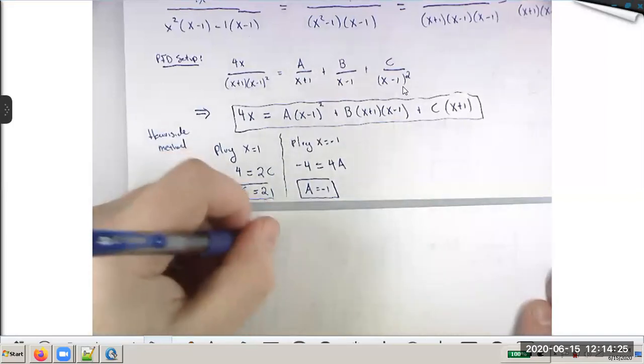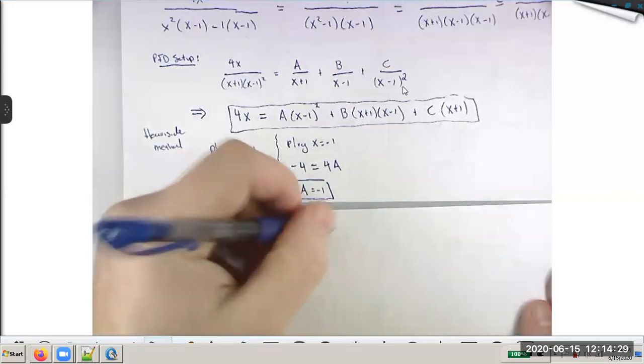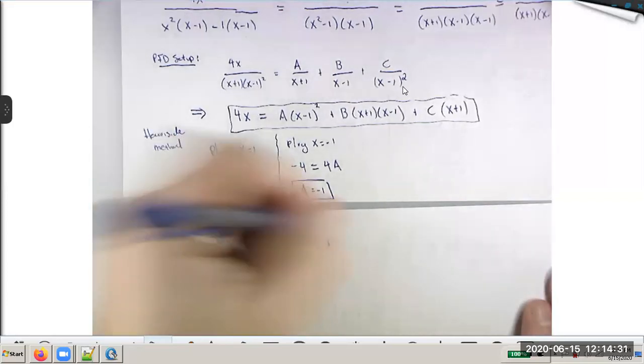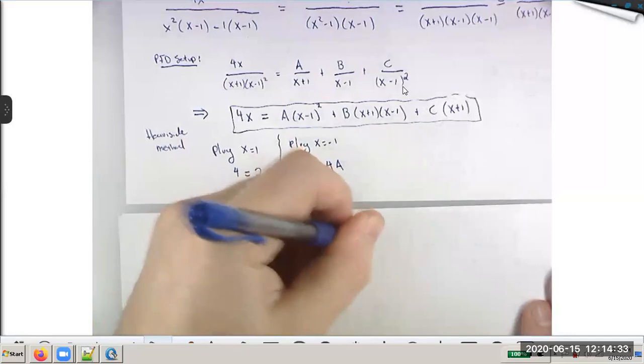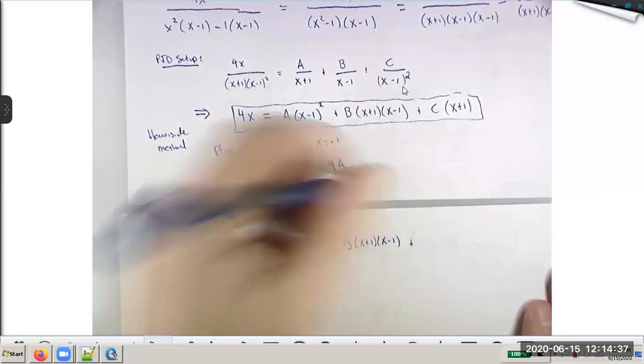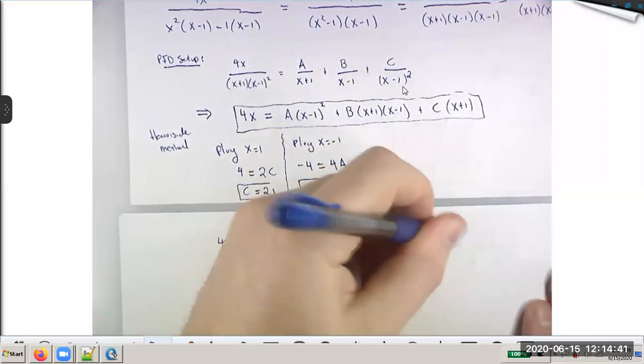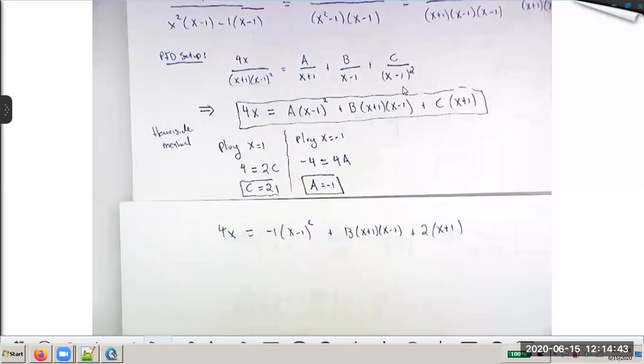Well, that's -1 times x minus 1 squared plus b times x plus 1 times x minus 1 plus c is 2 times x plus 1. So this is my updated denominator cleared fraction where I plug in the values of a and c that I already found.